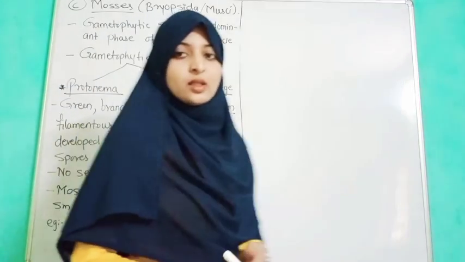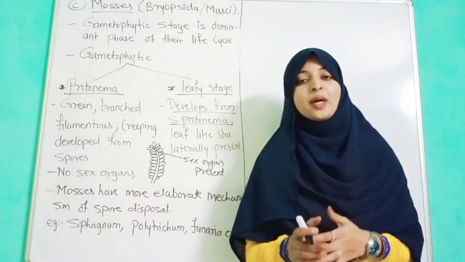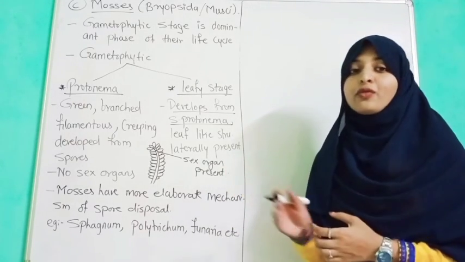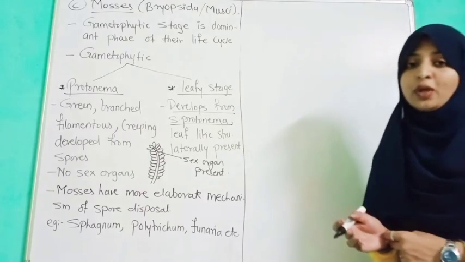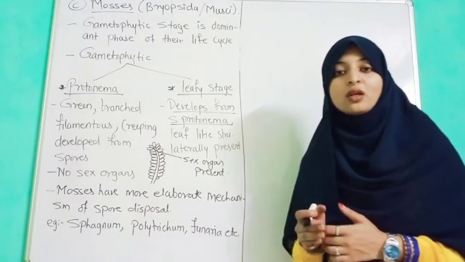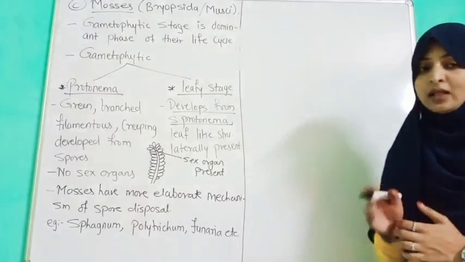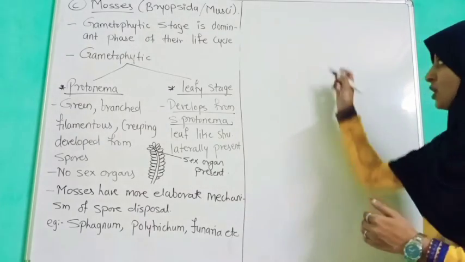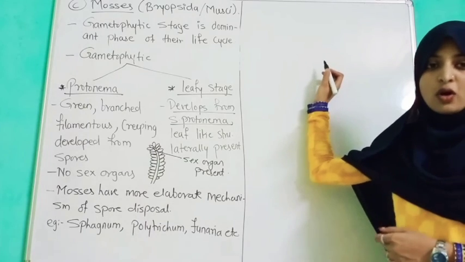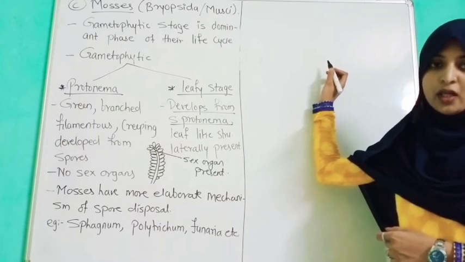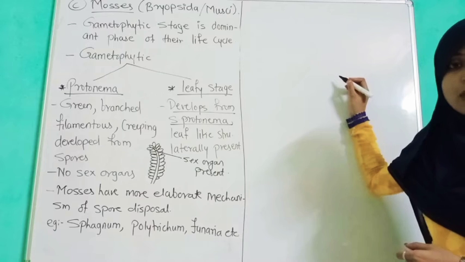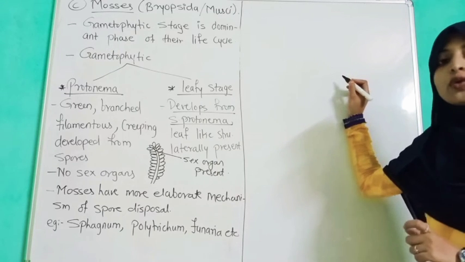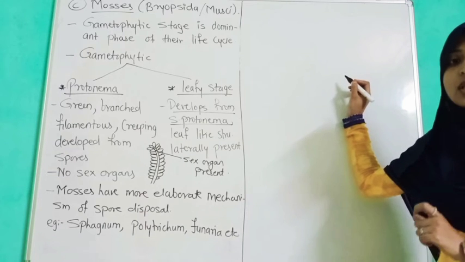They reproduce asexually by fragmentation and budding, as well as by sexual reproduction, producing male and female gametes, that is antherozoids and egg cell. When fertilization occurs they form a zygote which is diploid in nature, then an undifferentiated diploid body, that is the sporophytic stage, which contains foot, seta and capsule.